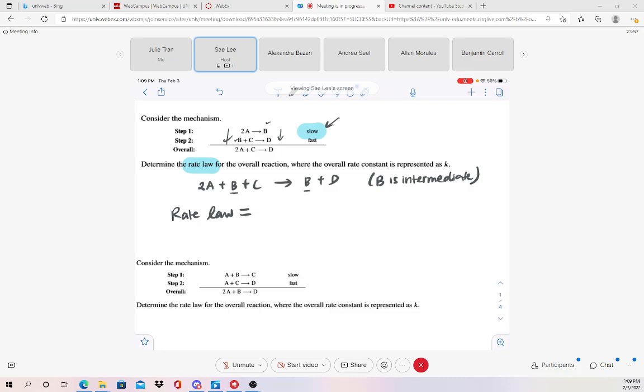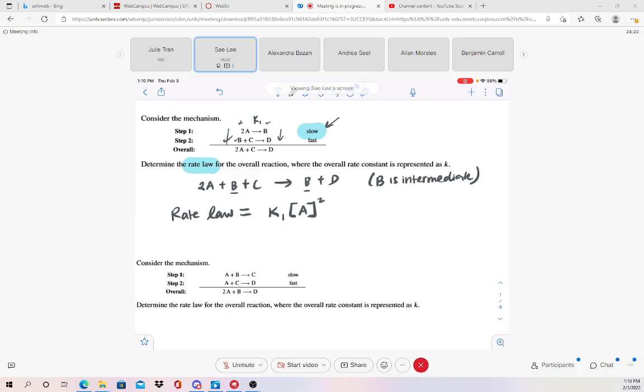So that is going to be the rate constant of step 1 multiplied by the concentration of the reactant, which is A, raised to the second power because you have 2 moles of A.